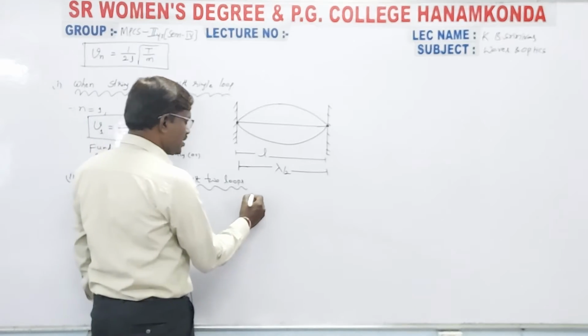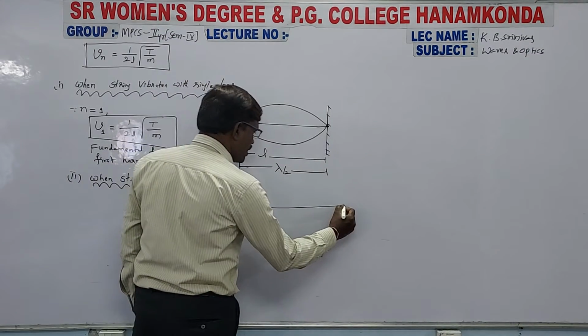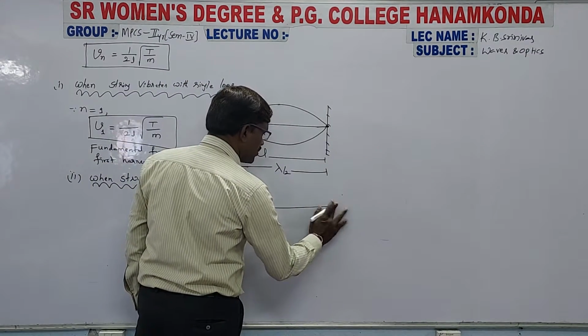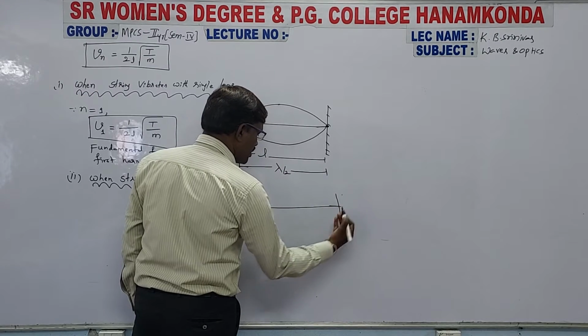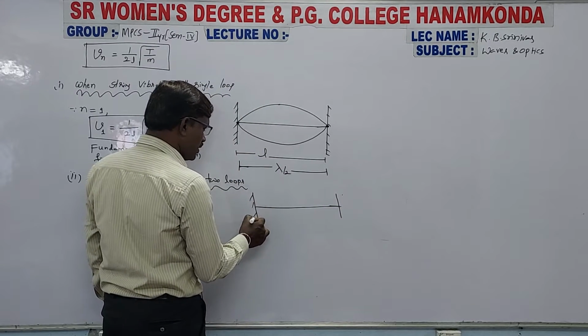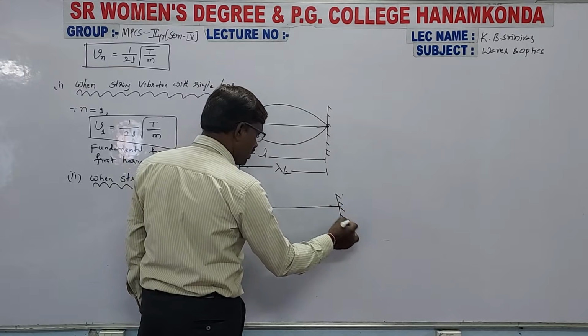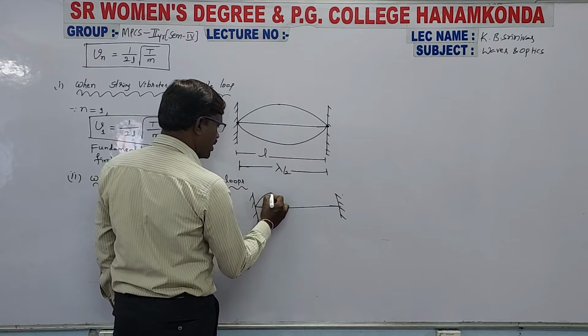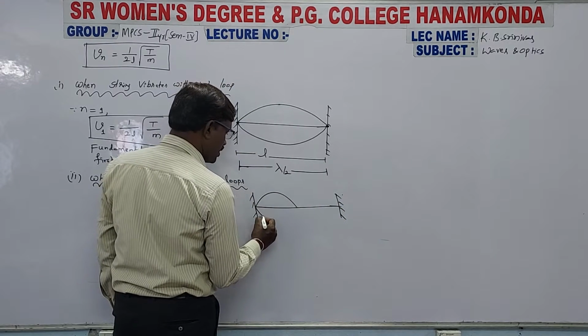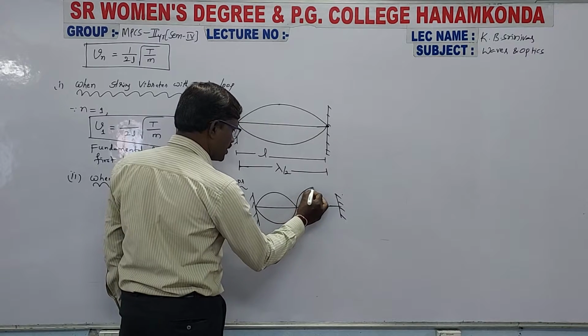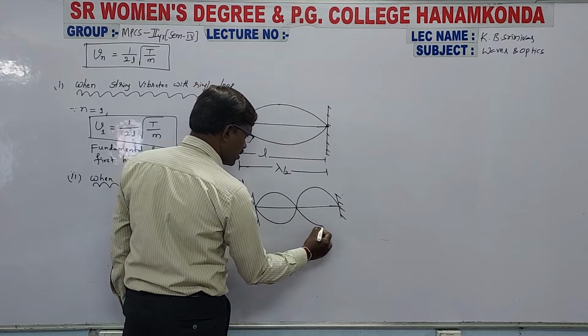The diagram for this case is the same length. Here I am considering the length of the string to be L only. Imagine this string is vibrating with two loops like this. Clear?